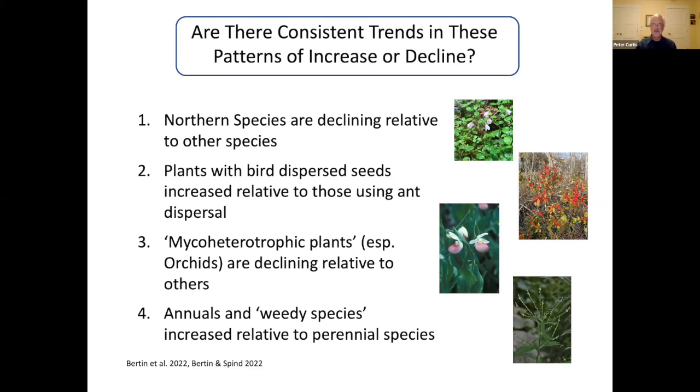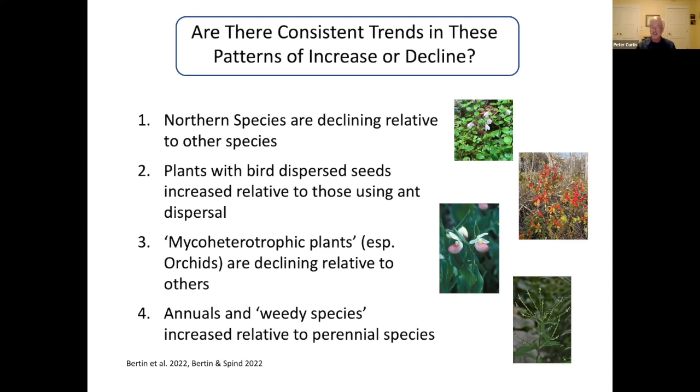One of the things that really stood out the most strongly for them in their analysis, and actually in other papers as well that Dr. Burton and his students and colleagues have worked on in Worcester County, for example, is that northern species are declining relative to other species. So in this case, species which for Massachusetts have their southern range limit seem to be strongly declining relative to other species. Windflower is a good example of that, but there are others.